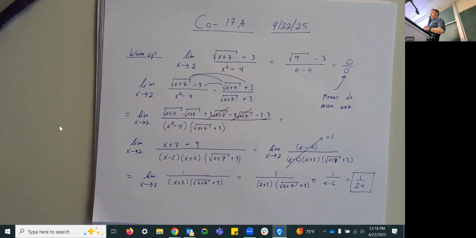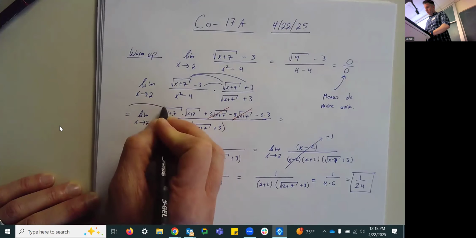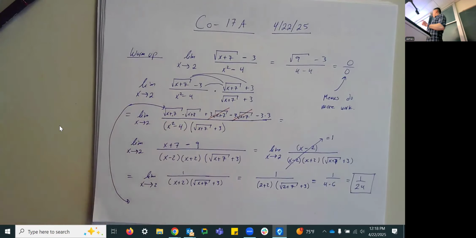When you say all cancel out, what do you mean? Sure, and the reason that cancels out the square is because what you've got right there, right, that square root of x plus 7 times the square root of x plus 7, well, when you multiply something by itself, that's the same as squaring. Like 5 times 5 is 5 squared.